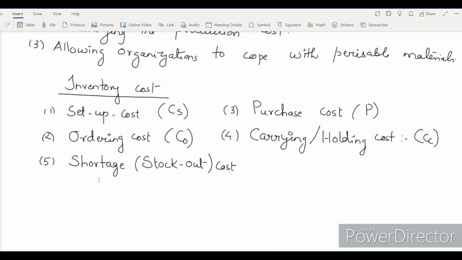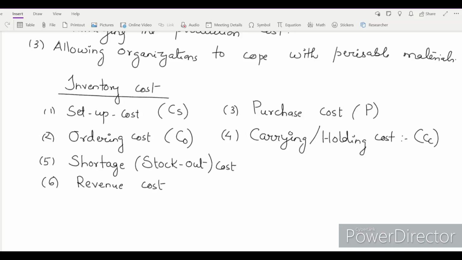So these are the different costs, and another cost is your revenue cost. This we don't need for working out the problem, so I'm not giving any symbol to revenue cost.